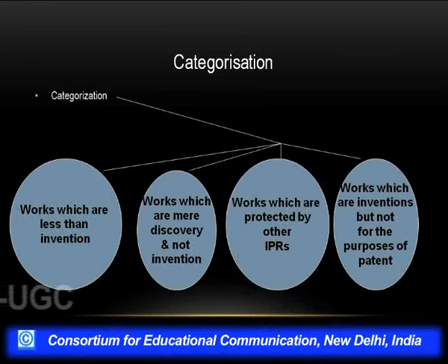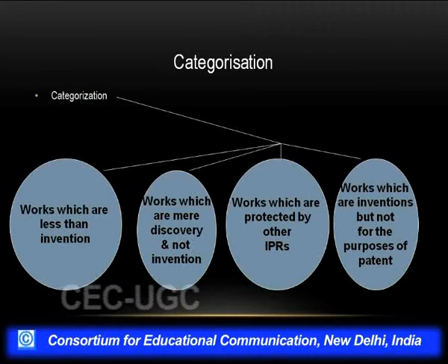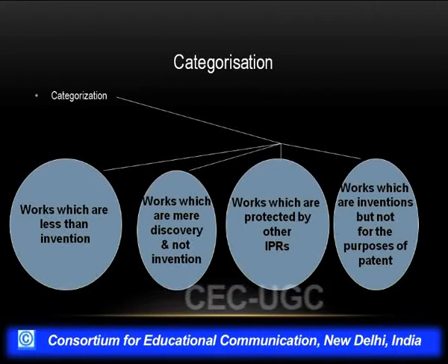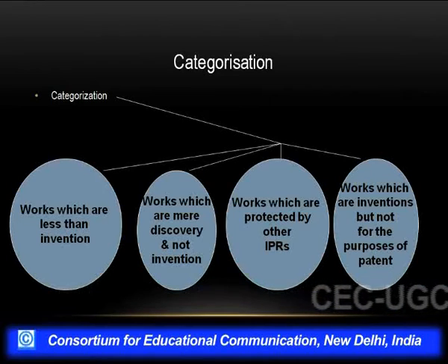We will see the reason, the premise of the exclusion of various works, apart from bringing all these works mentioned under section 3 squarely into different categories shown by me in the previous slide. These are the 4 categories under which we will pick one by one all the works mentioned under section 3.